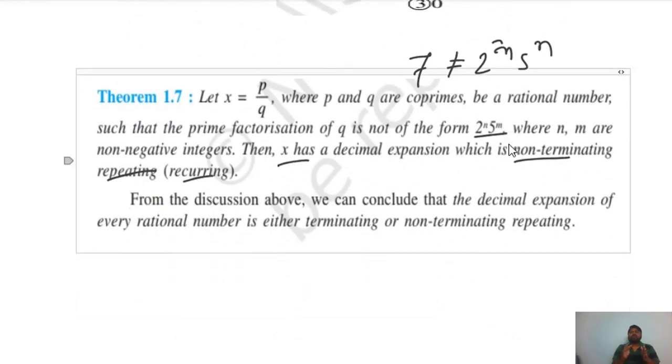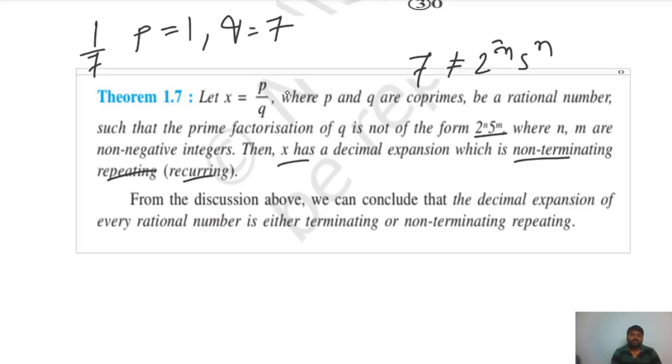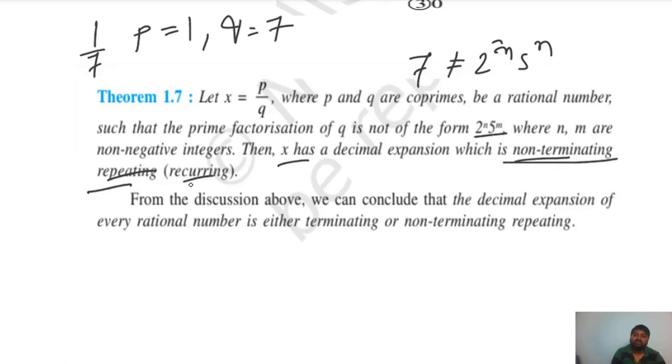So in p by q form, for 1 by 7, p equals 1 and q equals 7. When p and q are coprime and we cannot represent q in the form 2 to the power m and 5 to the power n, where m and n are non-zero integers, then the decimal expansion of the rational number is non-terminating repeating, that means recurring.